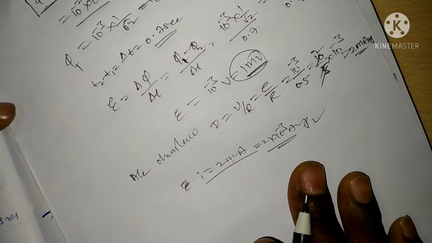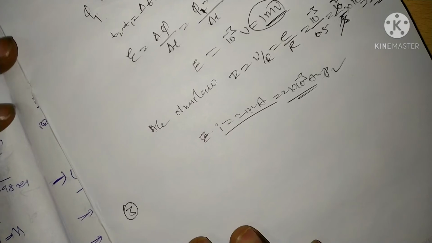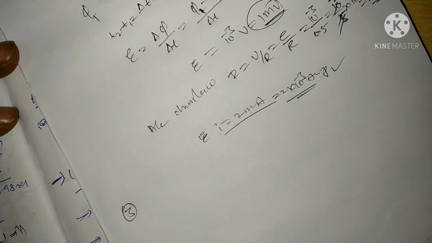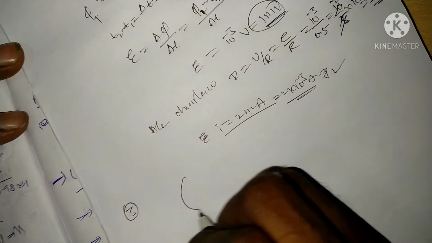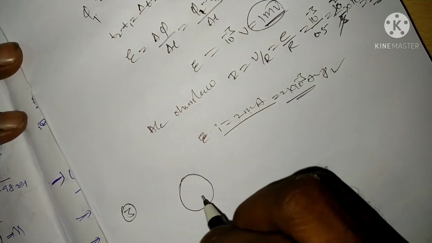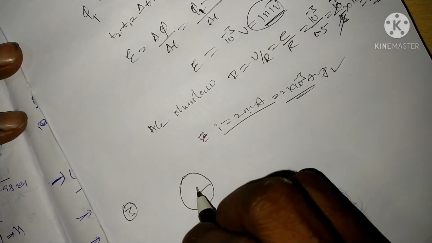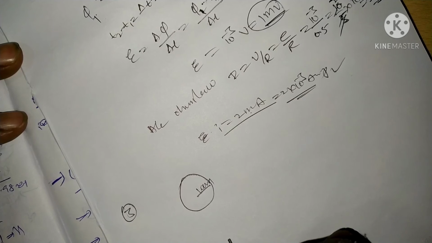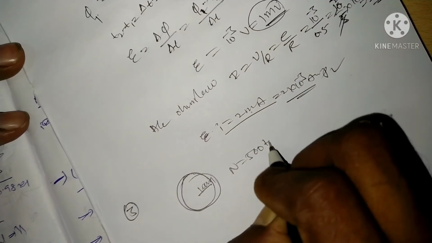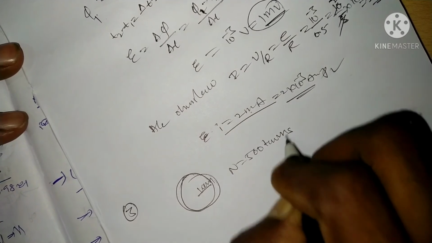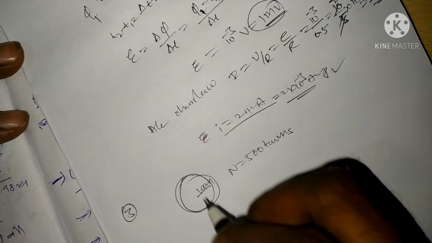Next, the third problem. A circular coil of radius R is equal to 10 centimeters, having number of turns N is equal to 500 turns, is placed perpendicular to the horizontal.